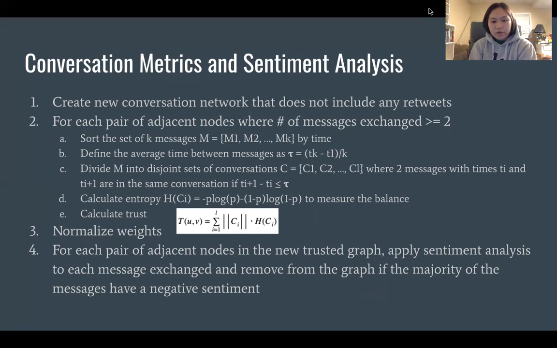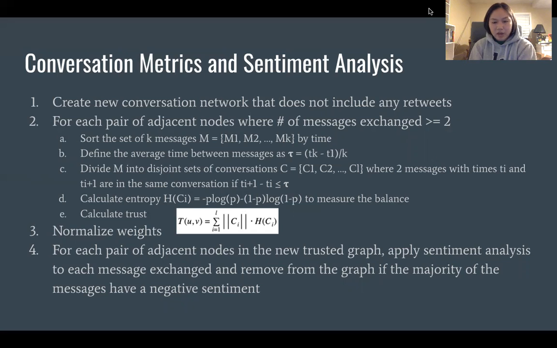First, a new conversation network is created that doesn't include any retweets for the evaluation part of the method. For each pair of adjacent nodes where the number of messages exchanged is greater than or equal to 2, the set of k messages, M, is first sorted by time.